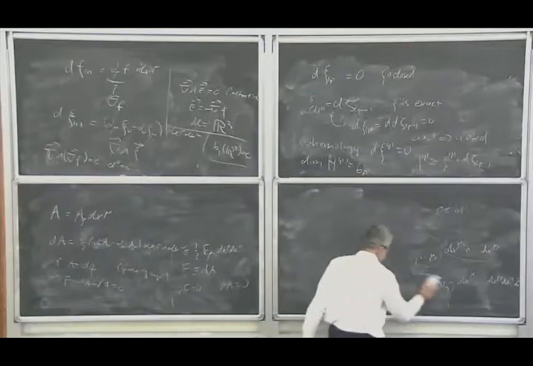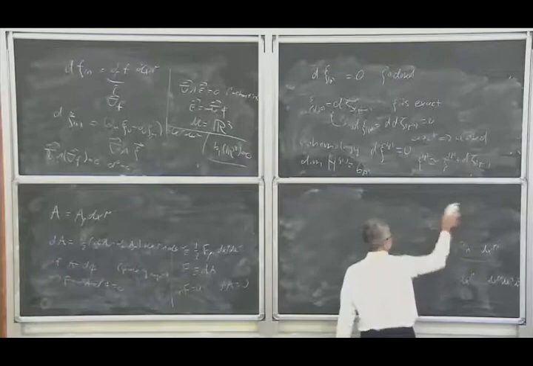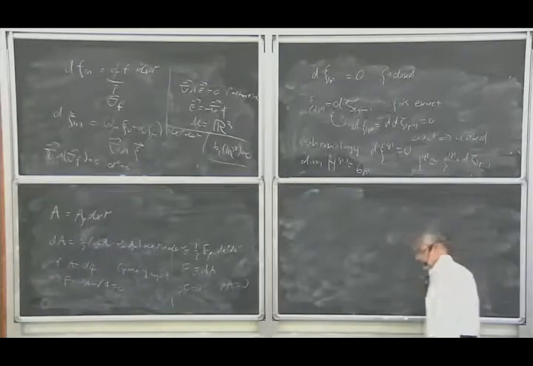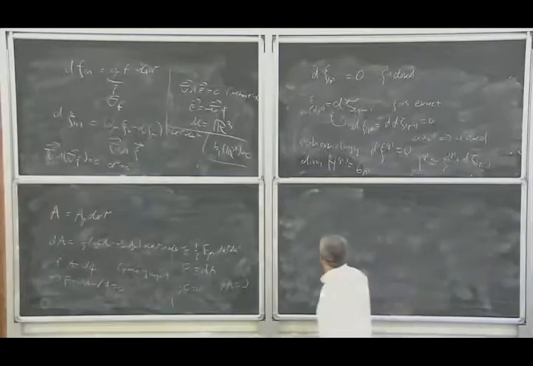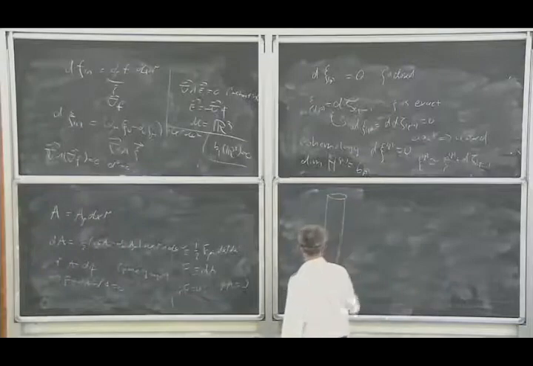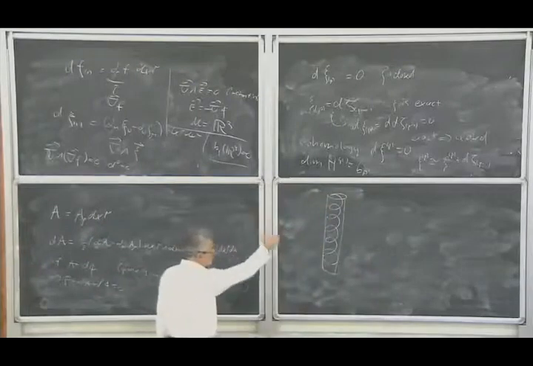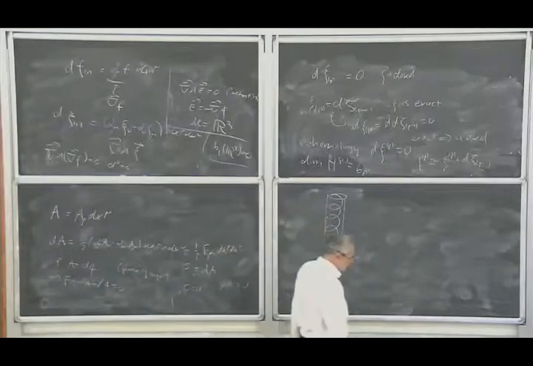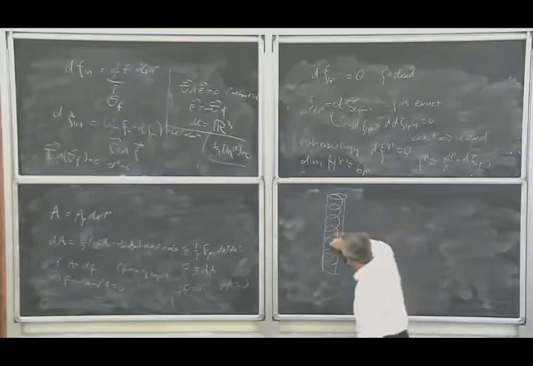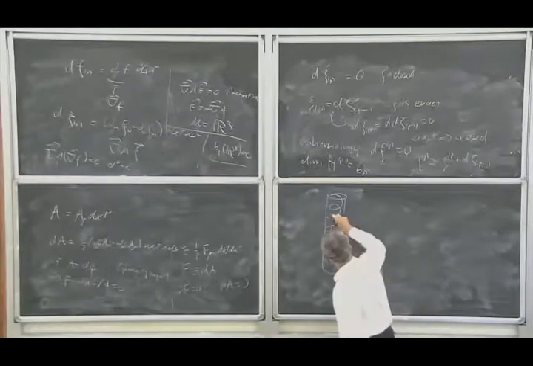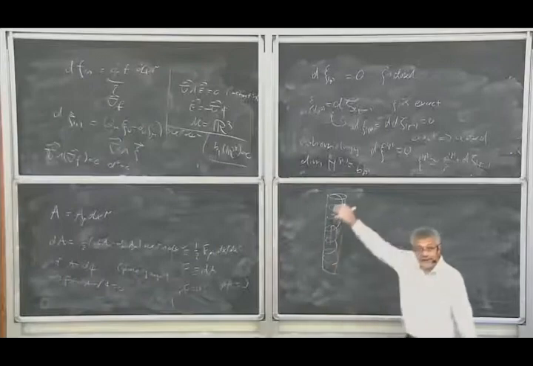A very familiar example from classical electrodynamics. So here we go. We take a solenoid, infinitely long. You have a current going through this wire. So you know with an infinitely long solenoid, you have a magnetic field which is confined inside the solenoid.